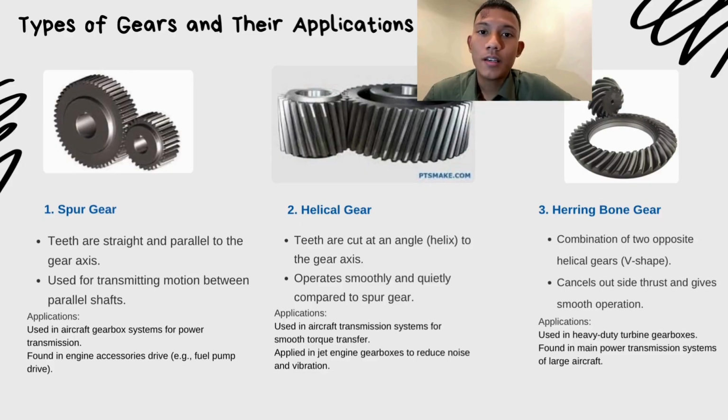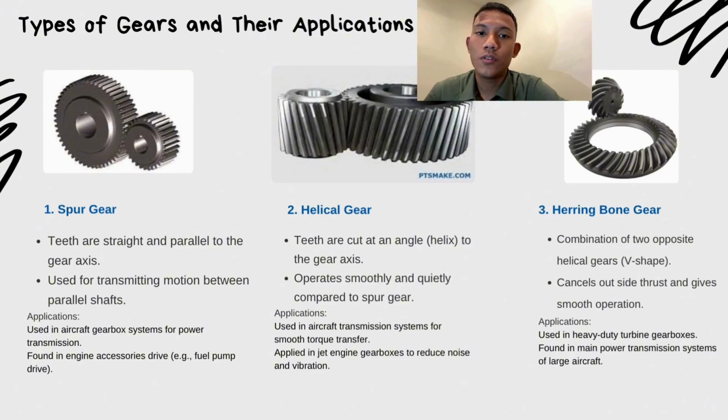Spur gears are the most basic type of gear used in aircraft or any engineering industry. The teeth are straight and parallel to the gear axis. This simple design allows spur gears to transmit power between two parallel shafts with high efficiency.